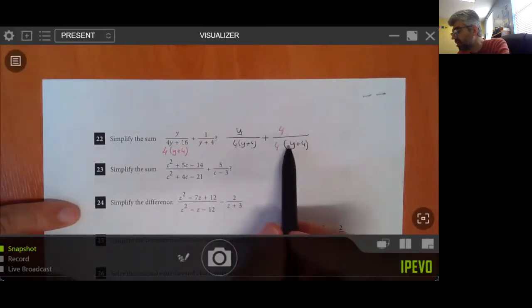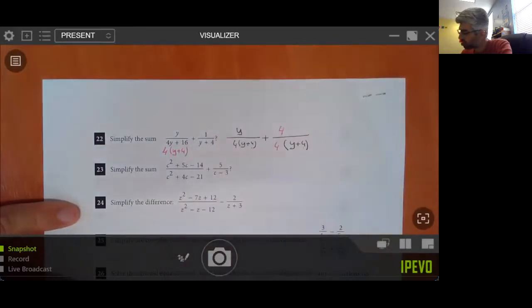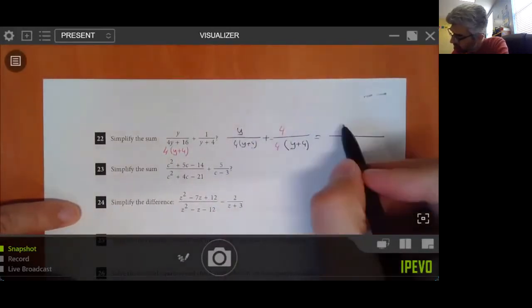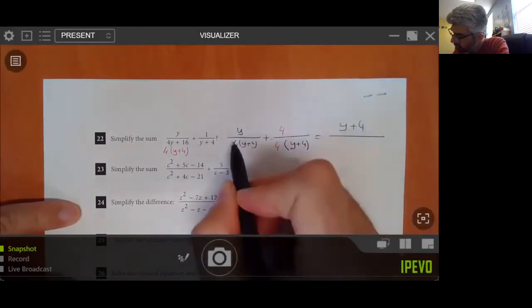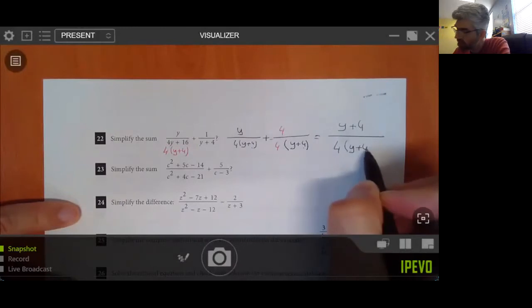Attention, I multiply both numerator and denominator by the same number, so I didn't change the given value of the question. I didn't change the question. And then we have y plus 4. Since this is the common denominator, I write it once, 4 times y plus 4.